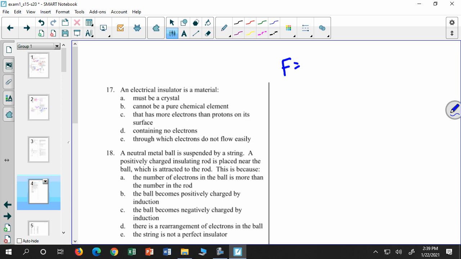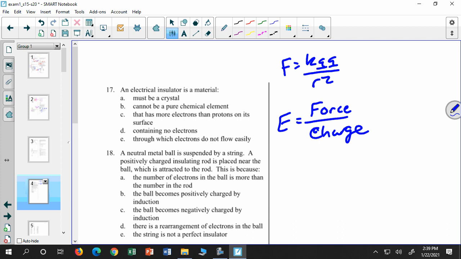Remember, F is kQQ over r squared. An electric field is a force per unit charge. The way that I determine the direction of an electric field, say I have a positive charge right here. If I want to know the direction of the electric field, I take what I call a positive test charge.